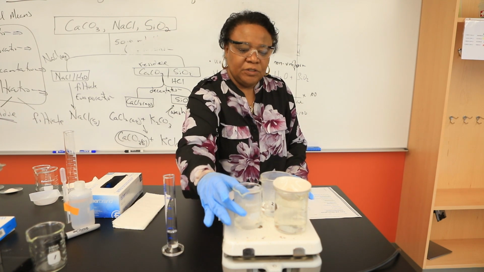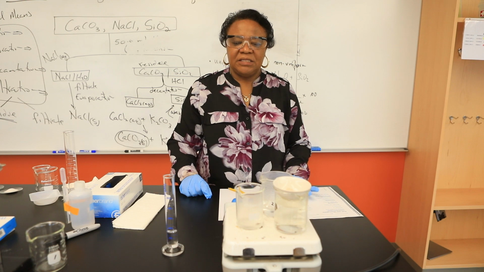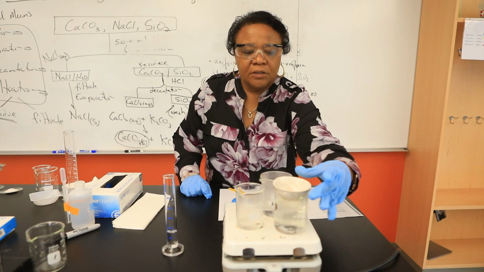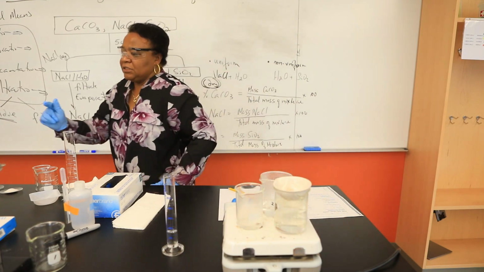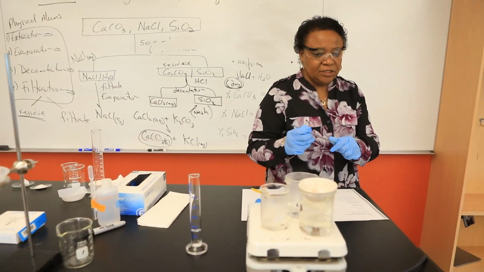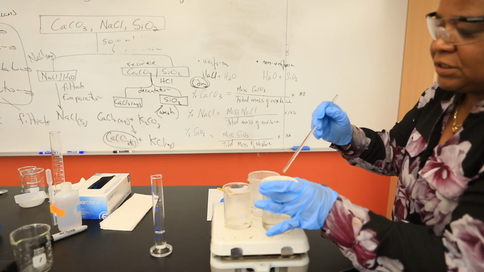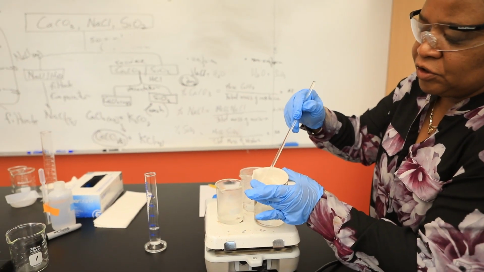Okay, so I'm going to allow this to boil, at least come to a boil for 5 minutes before we add the potassium carbonate. As I'm doing this, I always like to check to see if the sand is dry. And how do we know if the sand is dry? Well, we all know what dry sand looks like, right? So when I scrape the sides, do you guys agree?